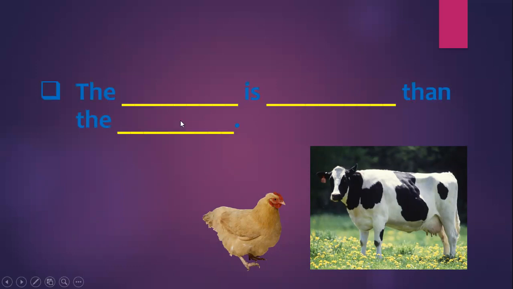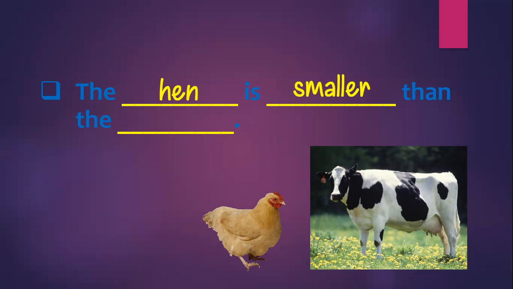So let's see this example. The hen is bigger. Hold on. It couldn't be bigger. That's right. We must use another adjective. What is that adjective? The hen is smaller. Remember the big. What is the opposite of big?